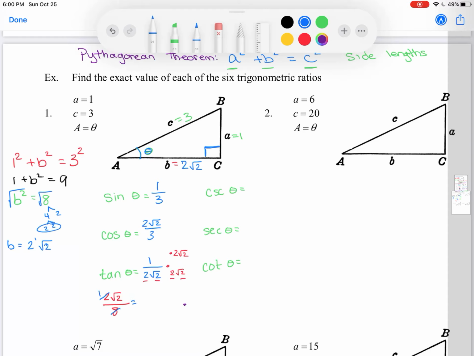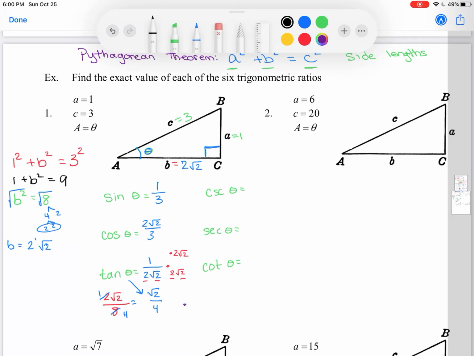And then when I take the roots and multiply those together, that will give me a 2. Well, 4 times 2 is going to give me 8. And then from here, it's just a simplifying game. You can take these 2 and 8 and simplify it to a 1 and 4. And so we have root 2 divided by 4 for your tangent. That is what your tangent value will be.